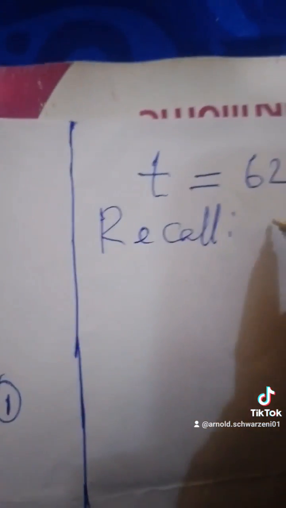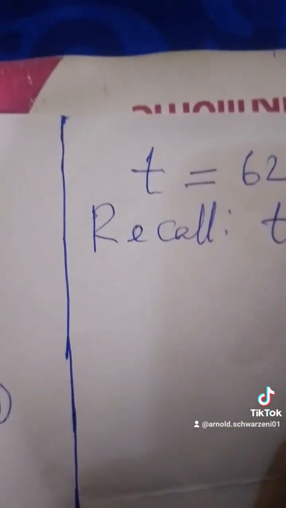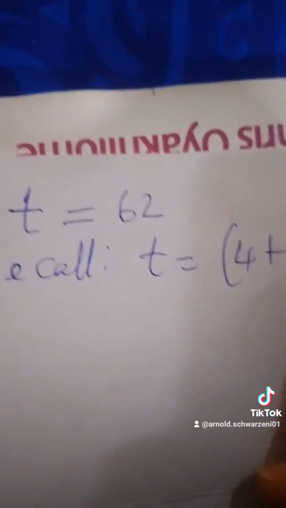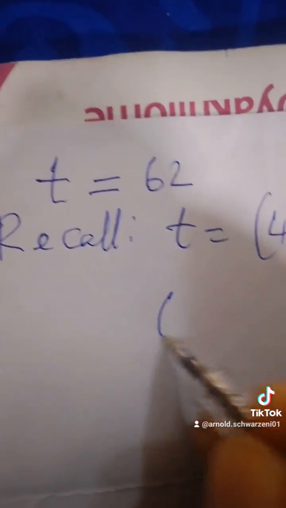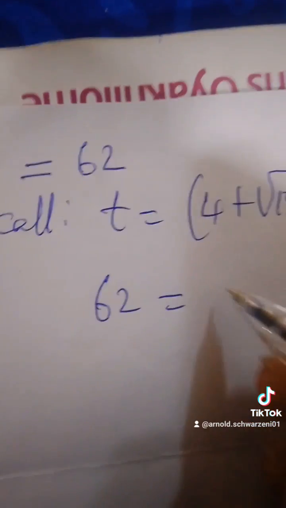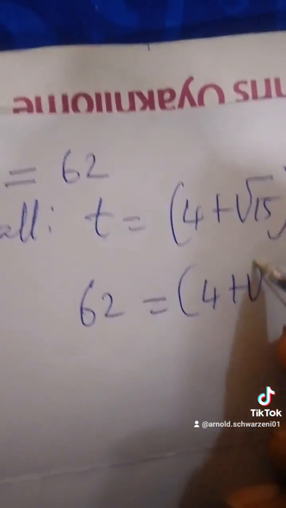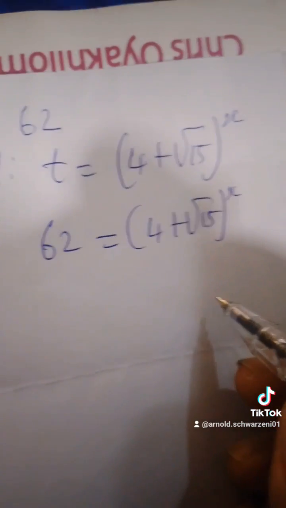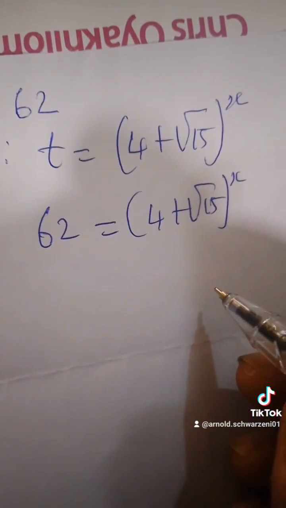Okay. Now we recall again that we said let t be equal to 4 plus root 15 all raised to power x, right? Now, whenever you see t, we put 62. So we are saying invariably that 62 will be equal to 4 plus root 15 raised to power x. Okay, so now what we do is to take the natural logarithm of both sides.